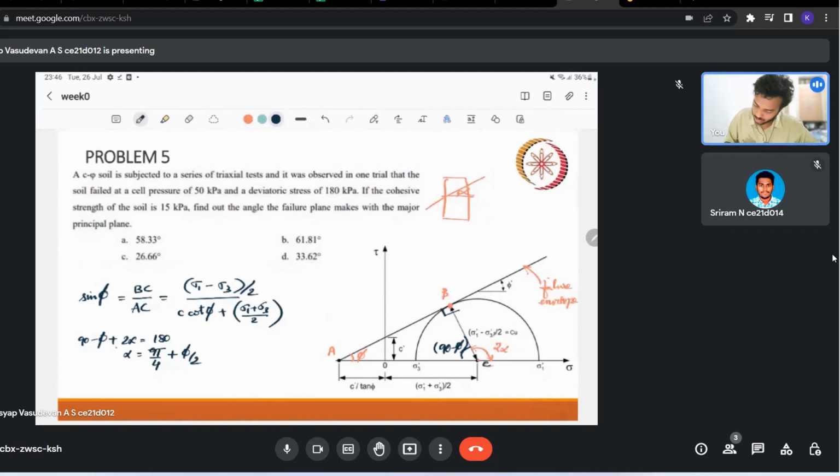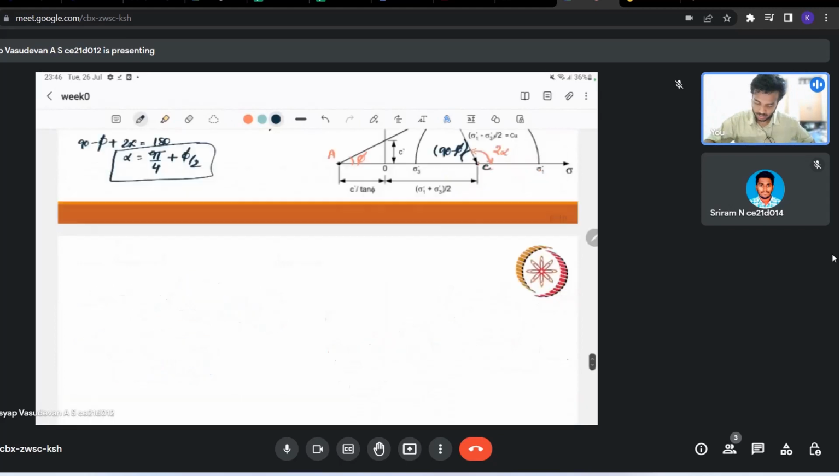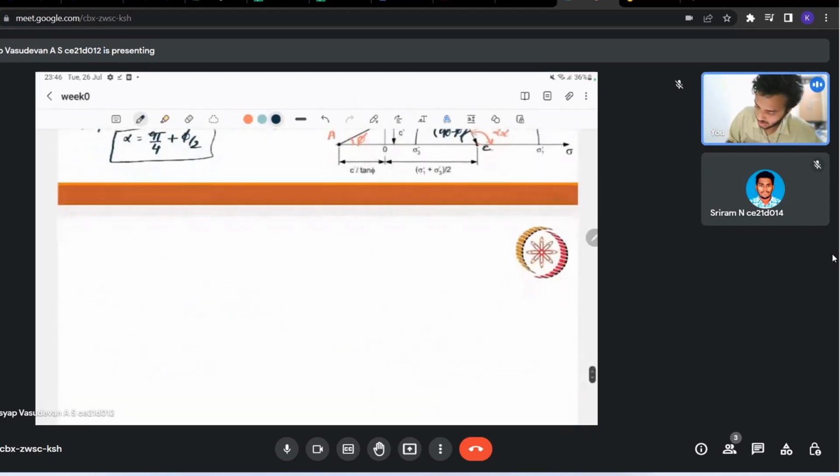So if you use this relation in this equation, we can arrive at an equation with respect to alpha: sigma 1 equal to sigma 3 tan square alpha plus 2c tan alpha.